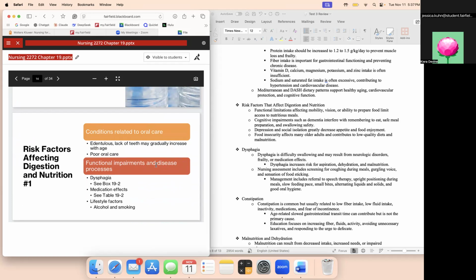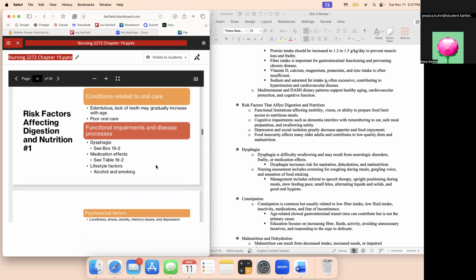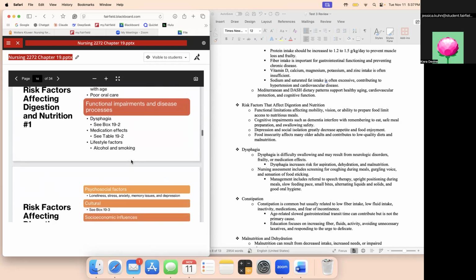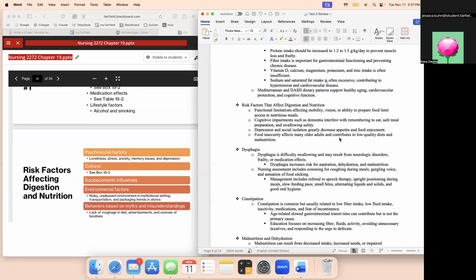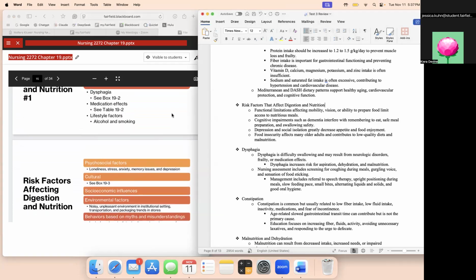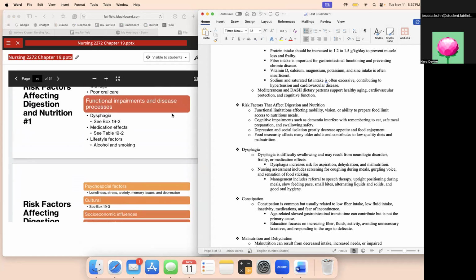We talked about reasons why that is. And then there's a couple boxes here where she talks about dysphagia, box 19-2, and medication effects are also in 19-2. So I think this is going into those risk factors.